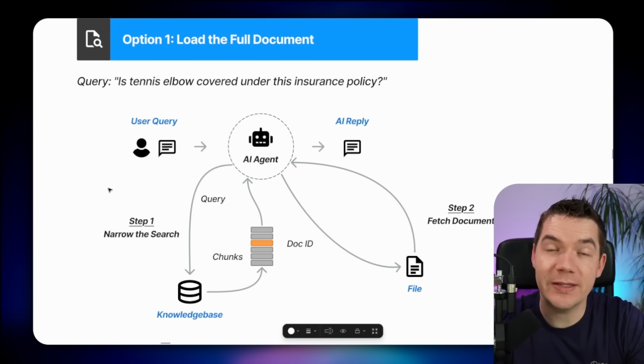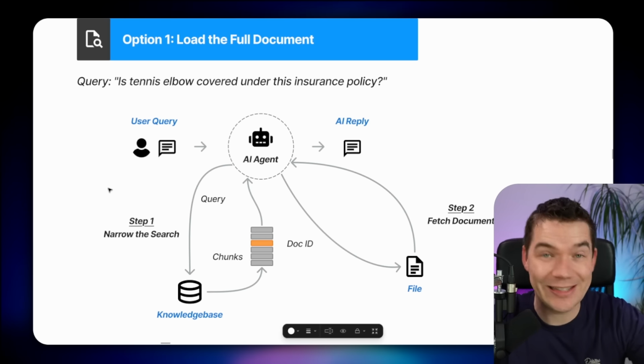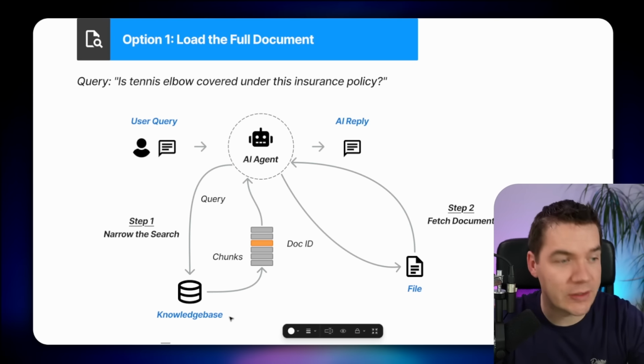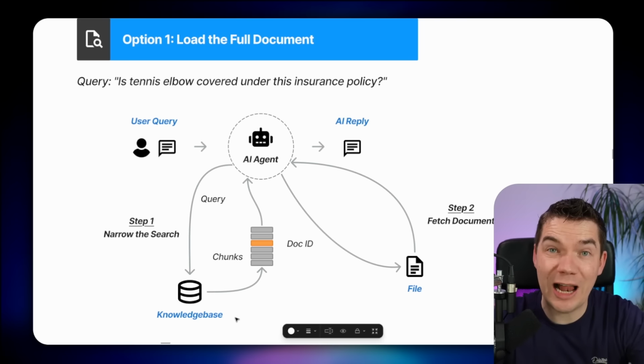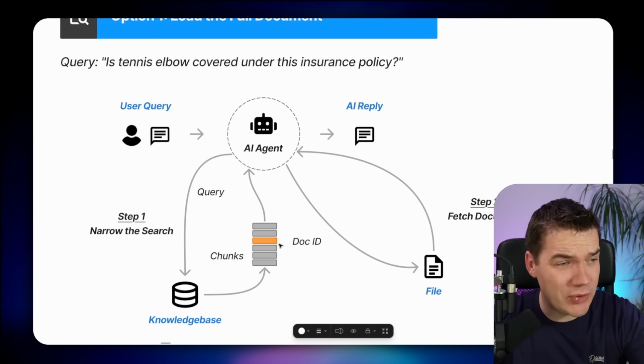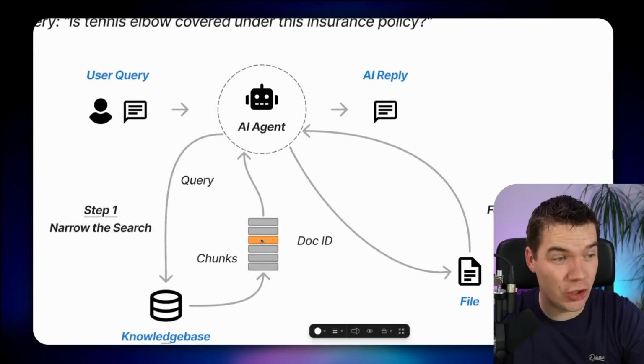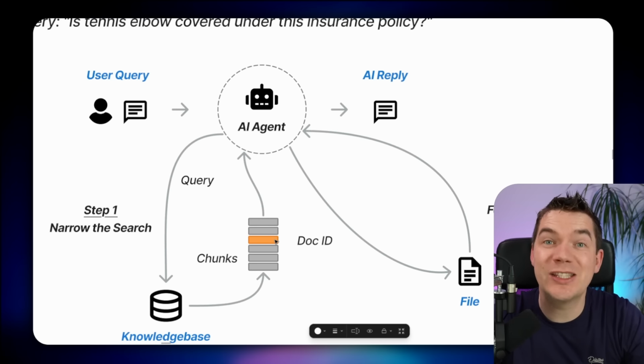What's happening here is the user sends in the question, is tennis elbow covered under the policy, which hits the AI agent, and they carry out a search of the vector store or the knowledge base, and you could have tens of thousands of chunks in the knowledge base. So this search will help you narrow that down to the top 10 or top 20, which are then returned to the agent, and the AI agent can use its reasoning over the retrieved chunks to figure out that this chunk here, this golden chunk, is the one that it needs to expand out, because this is the document that has the information.